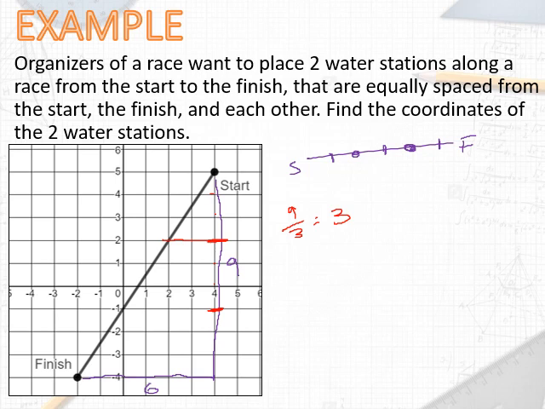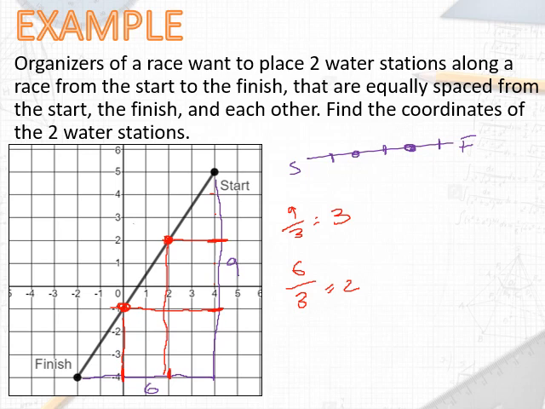So if we go horizontally across, basically these are going to be my 2 water stations. We'll check the x value just to make sure. 6 divided by 3 is 2. Every 2 units, 1, 2. And yeah, works out perfectly.